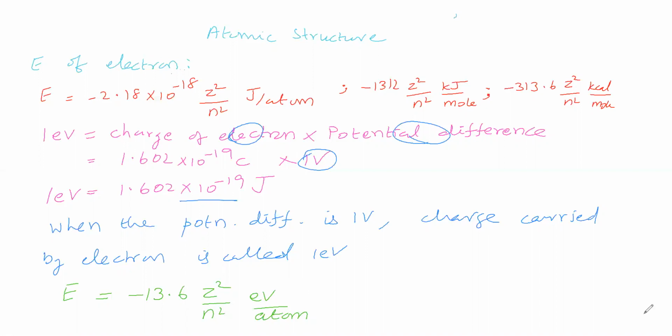Now we will take hydrogen atom. This nucleus contains one proton, so charge of nucleus is +1.